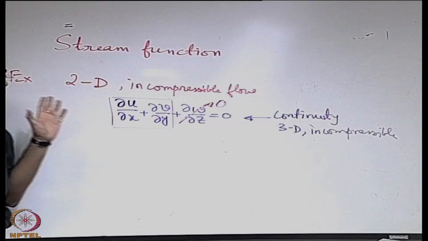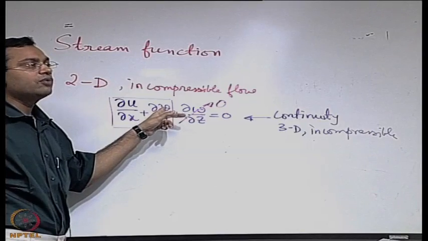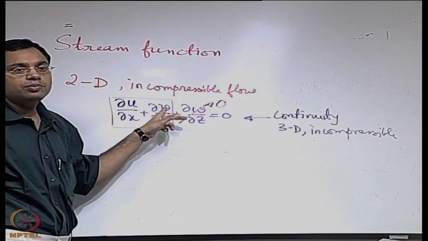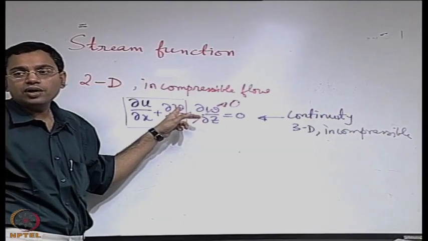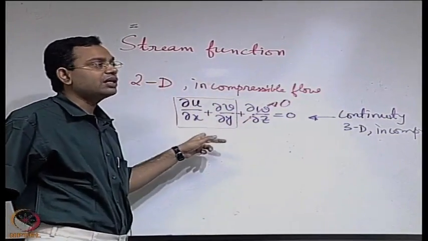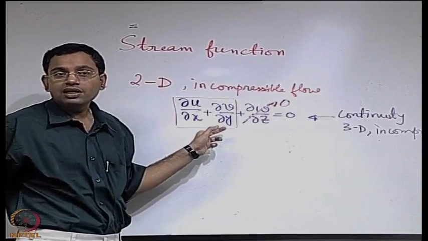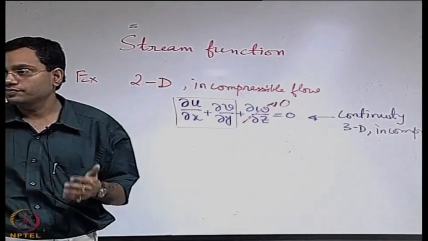But just in a notional or mathematical form, if instead of the two variables u and v you could transform into a single parameter, that is, express u and v in terms of a single parameter that satisfies automatically this form of the continuity equation, then u and v may be parameterized with respect to that new function.